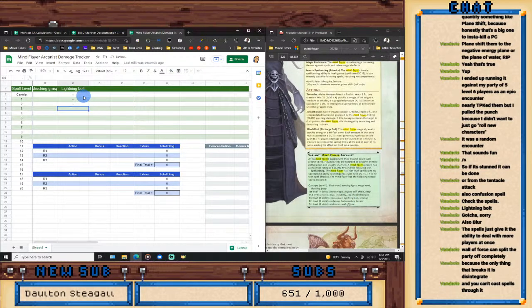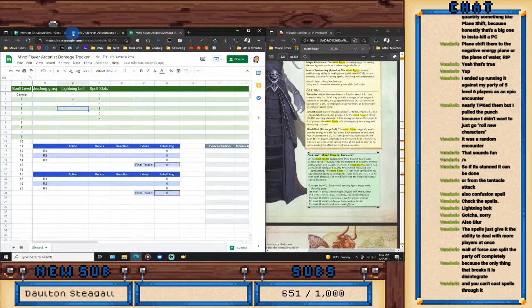And then what else? Sending, Confusion, Hallucinatory Terrain, which could do damage, but kind of iffy. So we're just really looking at Lightning Bolt as its main source of damage. Alright, and it can cast spells up to 5th level. So we have, let's see here, 4, 3, 3, 3, and 2.